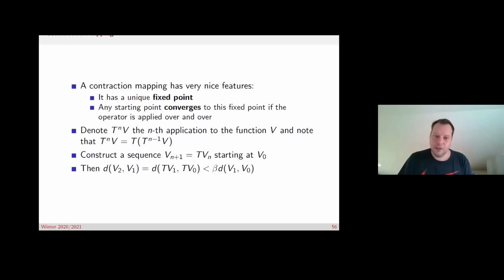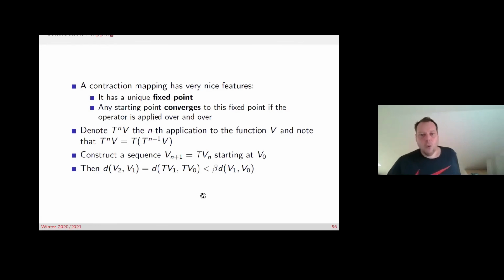Now we can start from 0, and we just construct the sequence by using this operator over and over again. So we assume that the next function that we have is just the contraction of the original function.